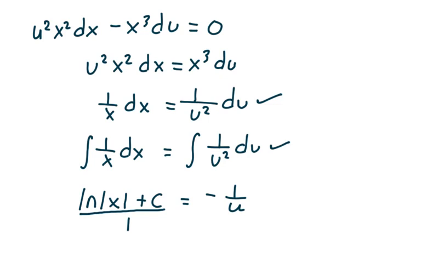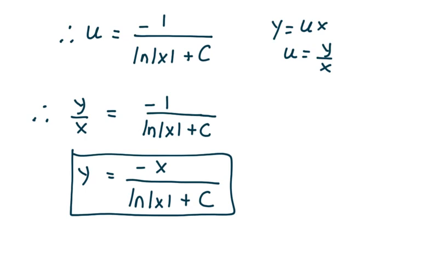So natural log of the absolute value of x plus c is equal to negative 1 over u. And notice how I wrote natural log of the absolute value of x plus c as natural log of the absolute value of x plus c divided by 1, because then I can take the reciprocal of both sides. And at the same time, I'm going to multiply both sides of the equation by -1. And when I do, I get the following. I get u is -1 over natural log of the absolute value of x plus c.